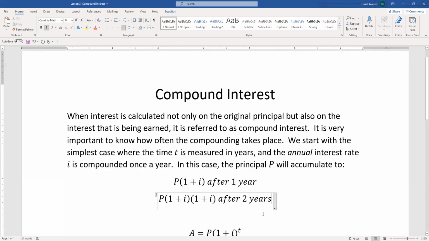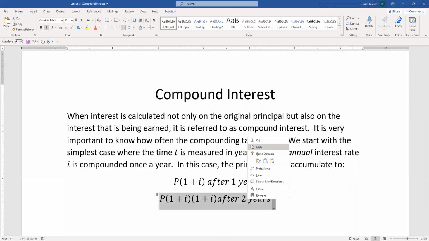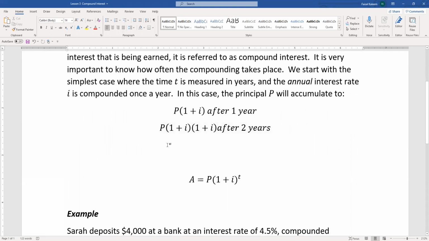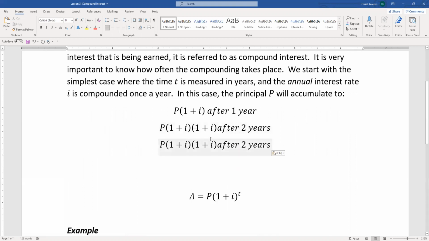Same thing in the third year: the interest will be calculated on P times (1 plus I) times (1 plus I), and you will get another factor of (1 plus I) on the accumulated amount that you had after 2 years.